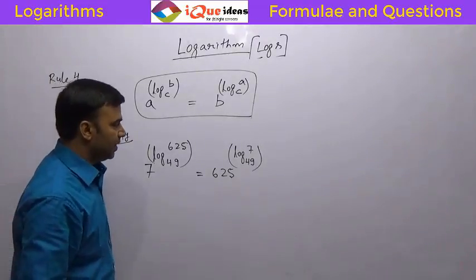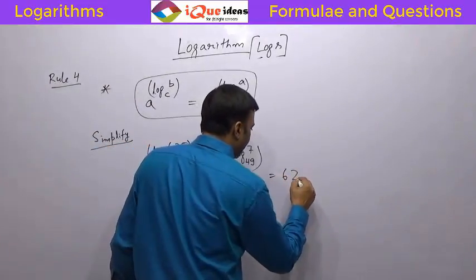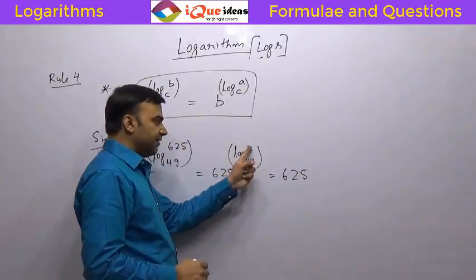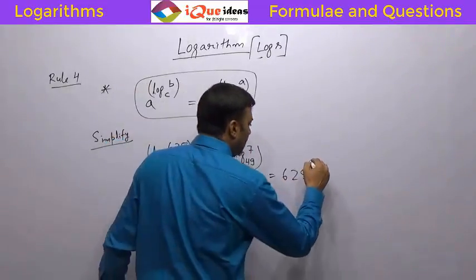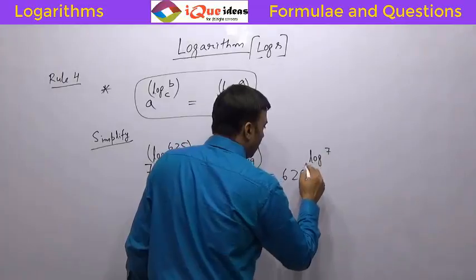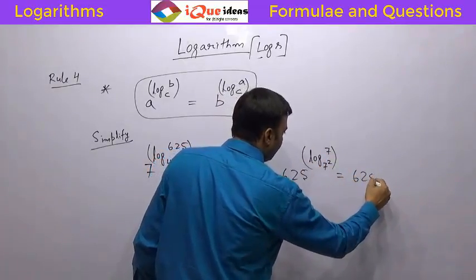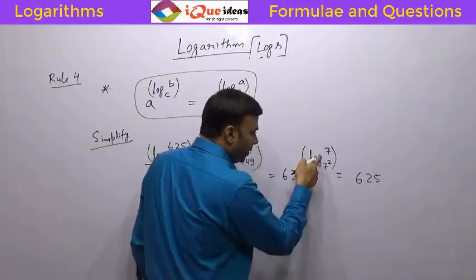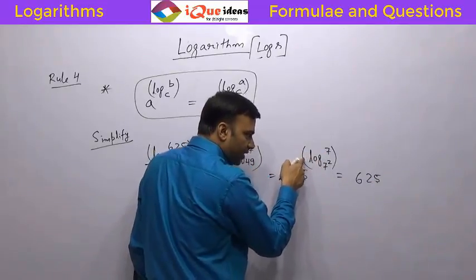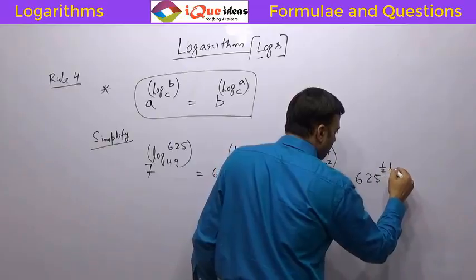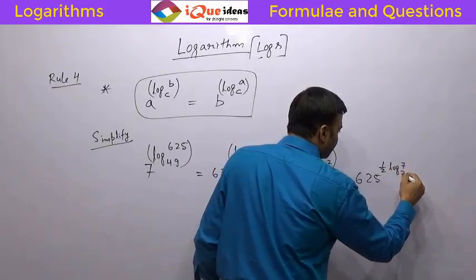Now here this is 7 raised to 1 and this is 7 raised to 2. So I can write it as log of 7 to the base 7 square. So this one becomes 625 to the power, and from here this 2 comes out in the denominator, so it becomes 1 by 2 log 7 to the base 7.